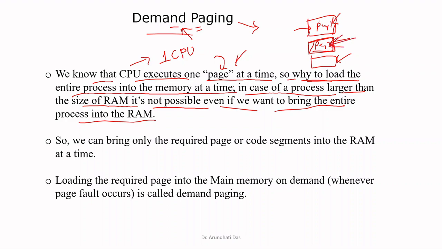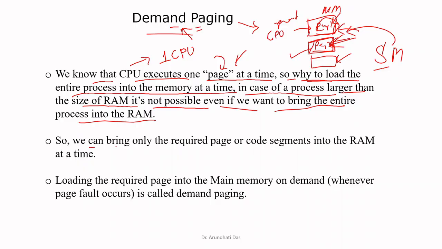So whenever the CPU generates a request for a particular page, I will check in the main memory whether it is there or not. If it is not there, then I will load it from the secondary memory to the main memory. That is called demand paging. Whenever the demand comes from the CPU for a particular page, only at that time do I load it from the secondary memory to main memory.